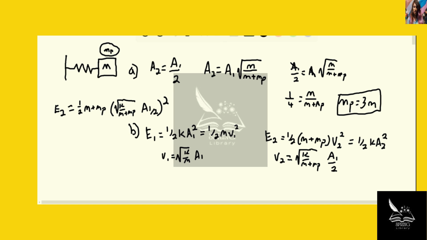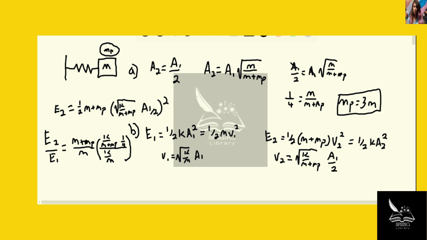So if we're looking for the expression for E2 divided by E1, we're going to have an equation that is mass plus mass putty divided by just the mass is going to be equal to, and on this side, we're going to have K divided by mass plus mass putty times 1/4 from that A1 over 2. And then down here, we're going to have K divided by mass. The A1s are going to cancel out, as I said before.